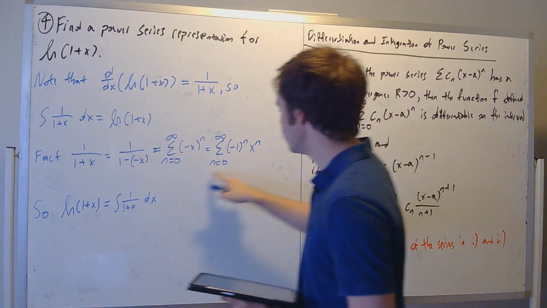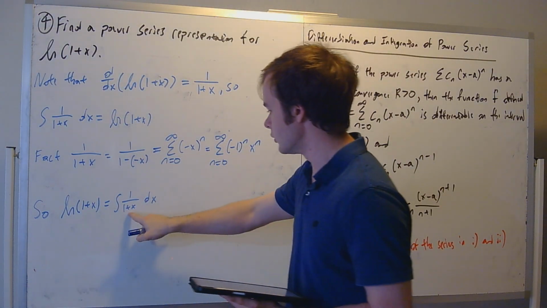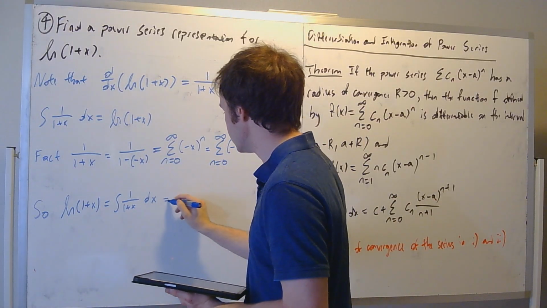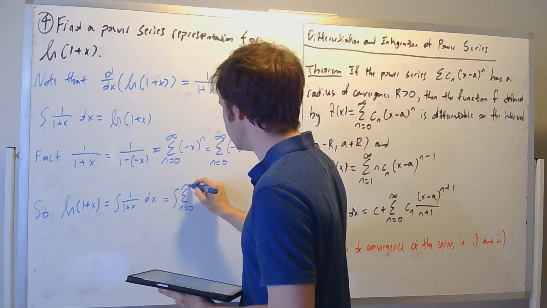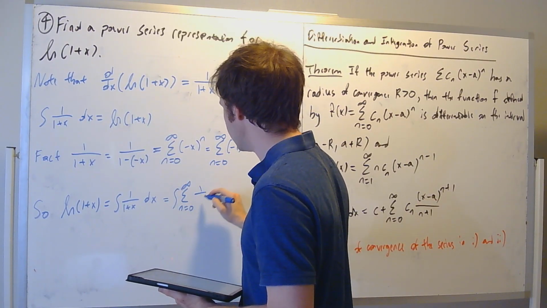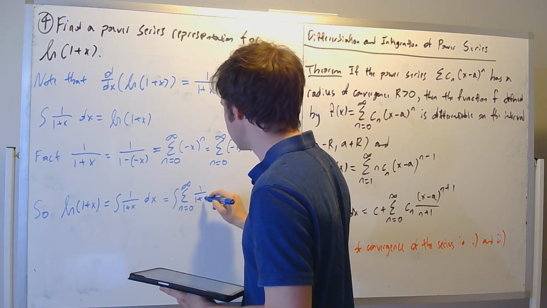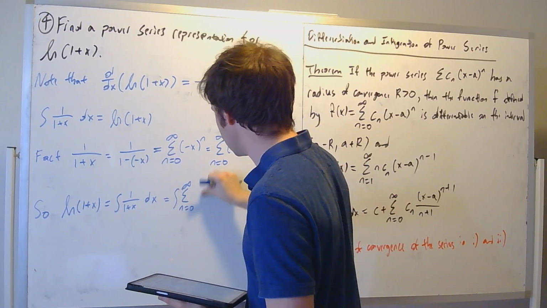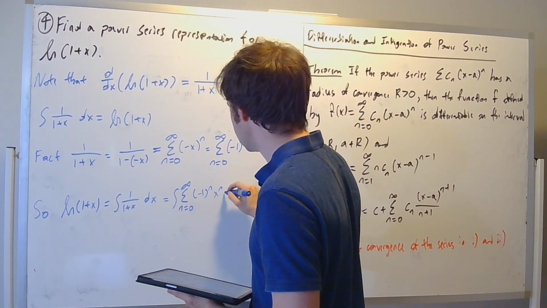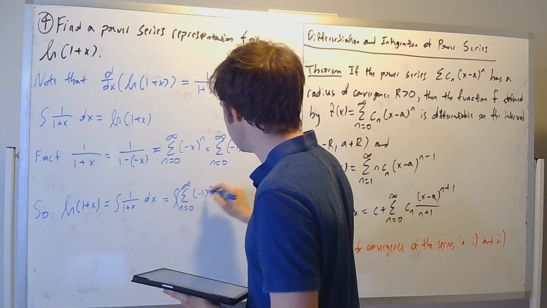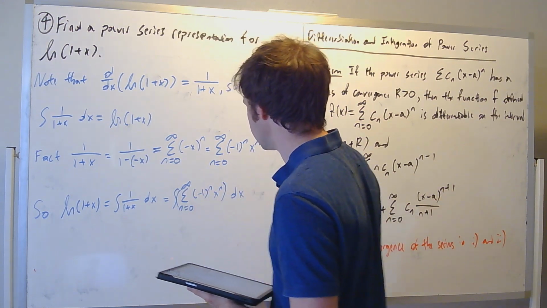And we already have a representation for this part on the inside, so we can rewrite this as the integral of the sum from n equals 0 to infinity of, oh sorry, that's not right, of negative 1 to the n, x to the n, so the integral of this thing with respect to x.